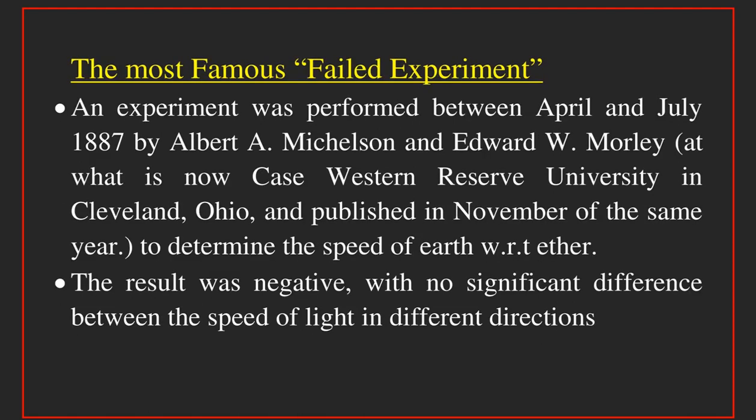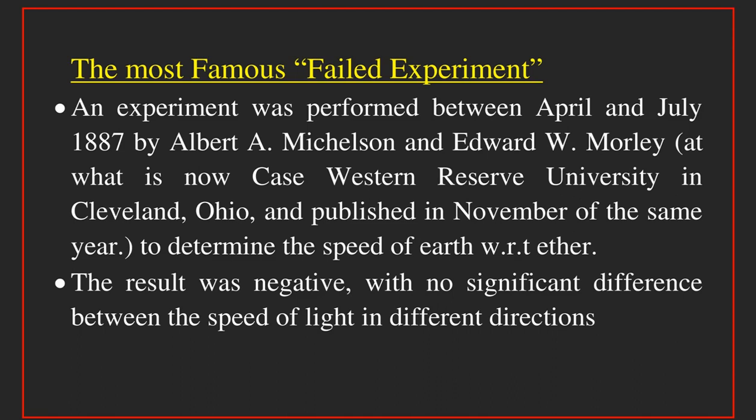There was a famous experiment. It is called the most famous failed experiment in the history of physics. This experiment was performed by Michelson and Morley in 1887, to determine the speed of Earth with respect to ether. They devised the experiment using the interference theory of light.